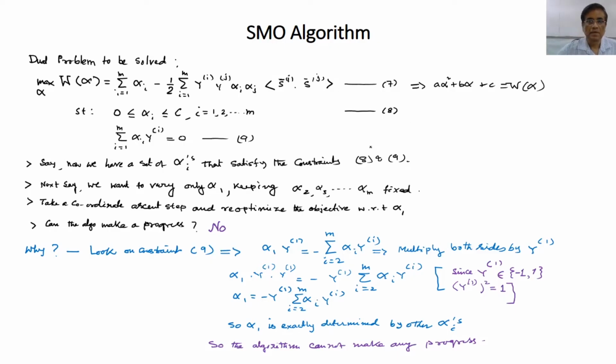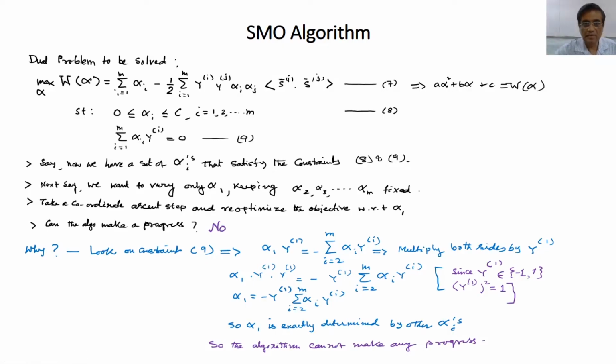And subject to the constraints: we are considering a soft margin support vector machine, so alpha i will lie between 0 and C, where C is a regularizer term, a constant, for i equals 1 up to m. And this is another constraint which we got from the primal problem.